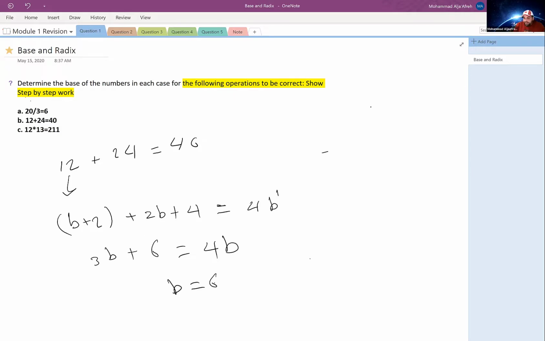At base 6, the digits will start from 0, 1, 2, 3, 4, 5. And after that, if you need to represent 6, you have to move to another digit. Okay?